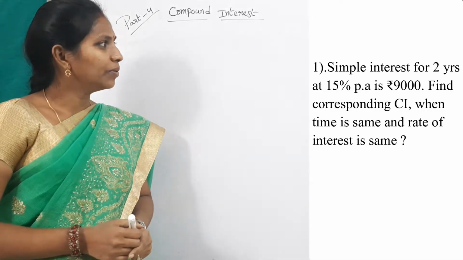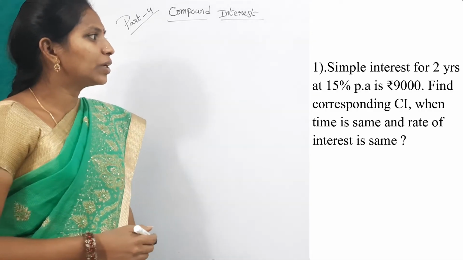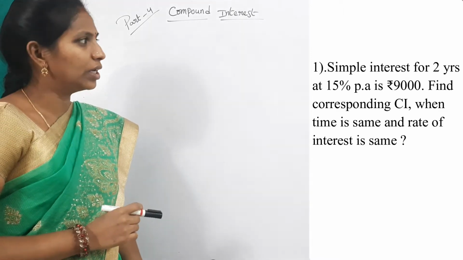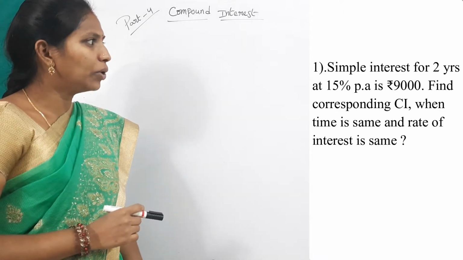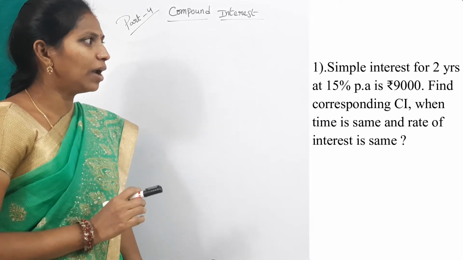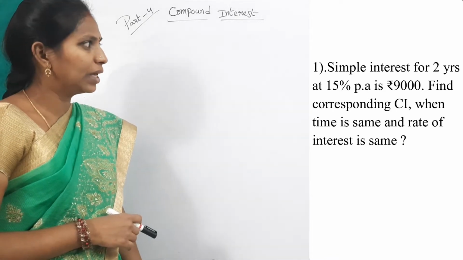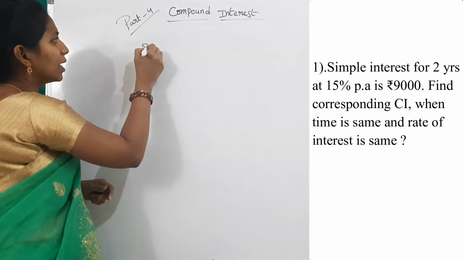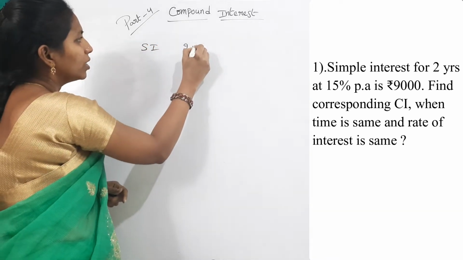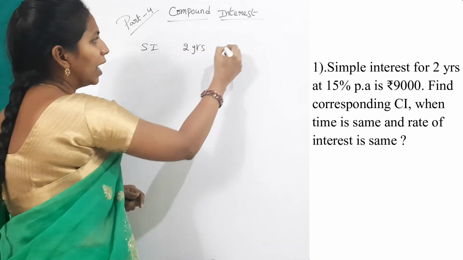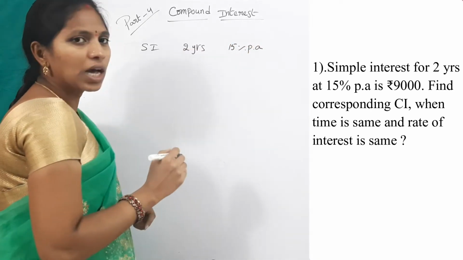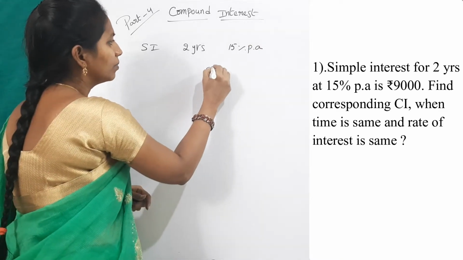See first question. Simple interest for 2 years at 15% per annum is 9,000. Find corresponding compound interest when time is the same and rate of interest is same. Simple interest for 2 years at a rate of 15% per annum is how much? 9,000.